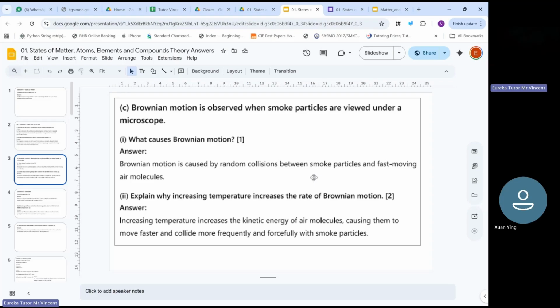And explain why increasing temperature increases the rate of Brownian motion. Increasing temperature increases the kinetic energy of air molecules, causing them to move faster and collide more frequently and forcefully with the small particles.